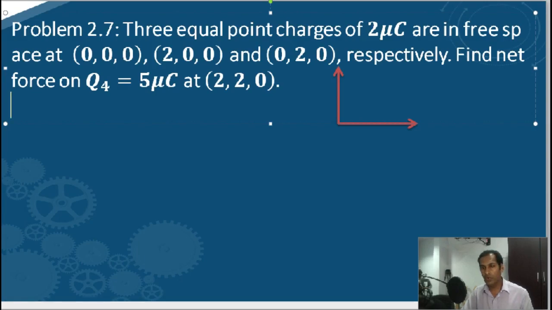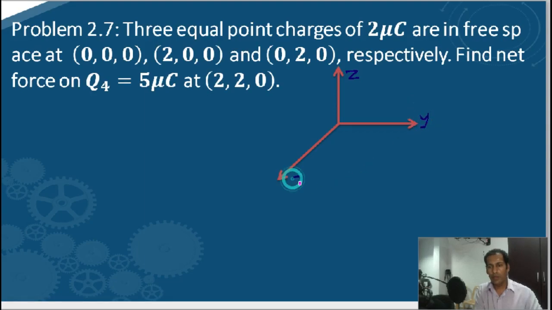Now imagination is important here, and then one axis will consider which is coming towards us, that is x-axis. So these are three axes, so we will write down their names. So this is z axis, this one y axis, and this one is x axis.